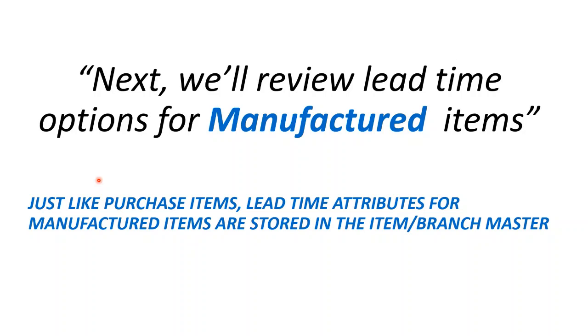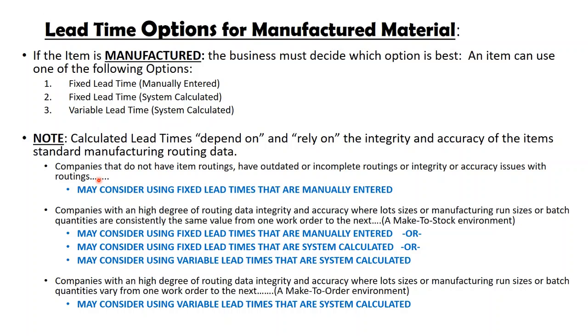Next, we'll review lead time options for manufactured items. Just like purchase items, these lead time attributes for manufactured items are stored in the item branch master. When it comes to lead time options for manufactured items, the business must decide which option is best.